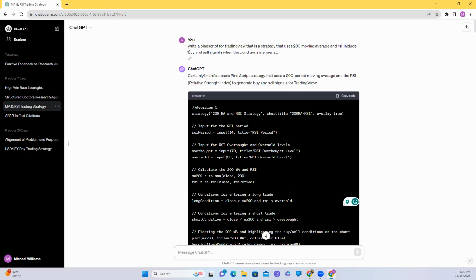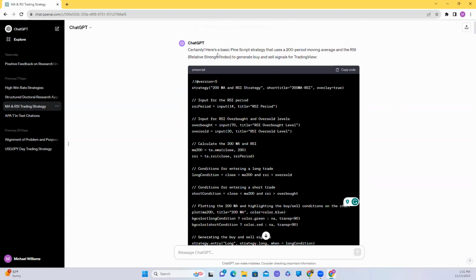So this is what I told ChatGPT: write a Pine script for TradingView that is a strategy that uses 200 moving average and RSI. Include buy and sell signals when the conditions are met. I misspelled met, but okay.